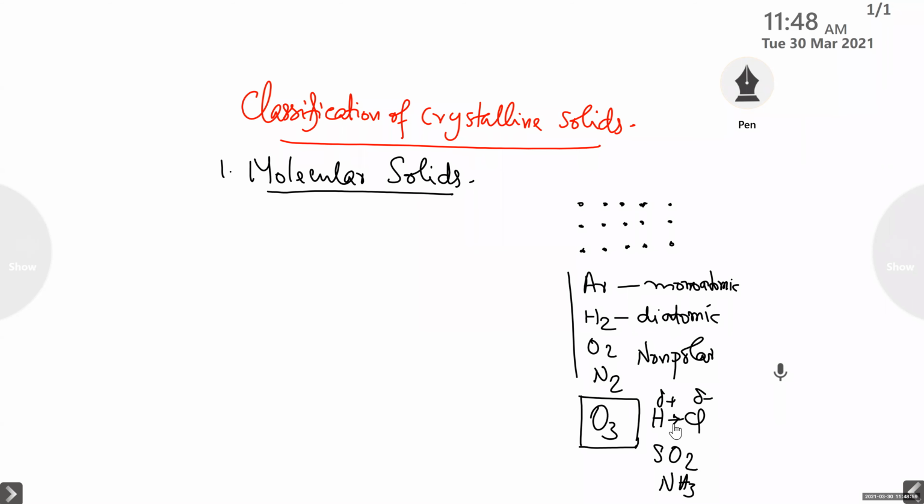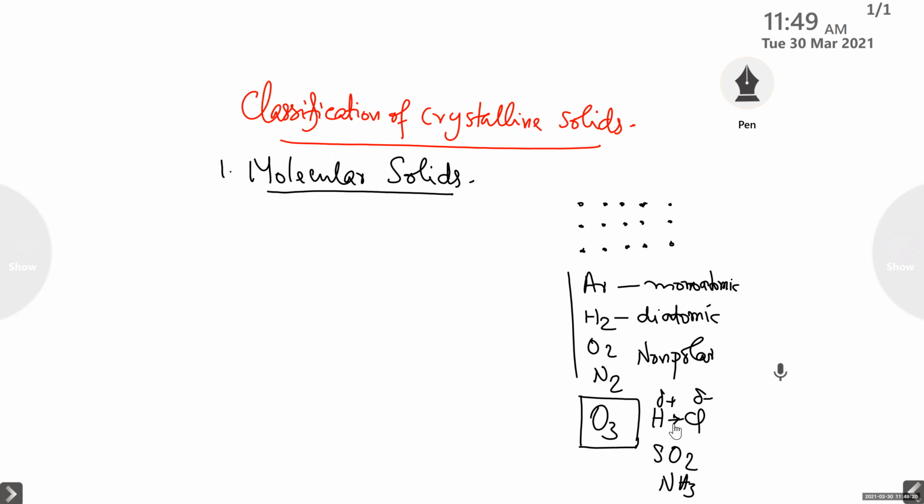Such molecules are polar molecules. If a molecule is polar, it will have a dipole moment. Dipole moment is charge into distance.